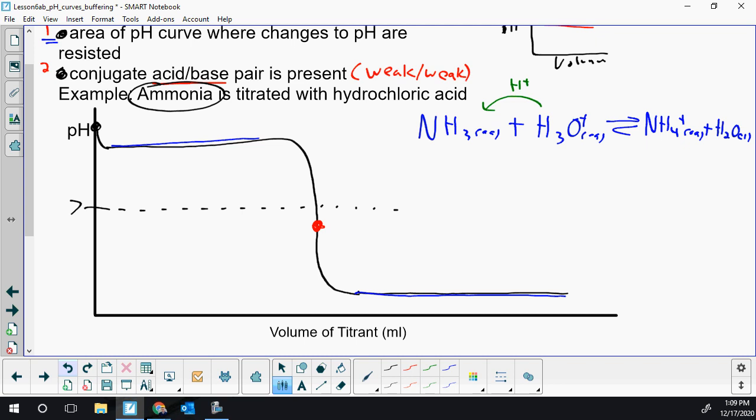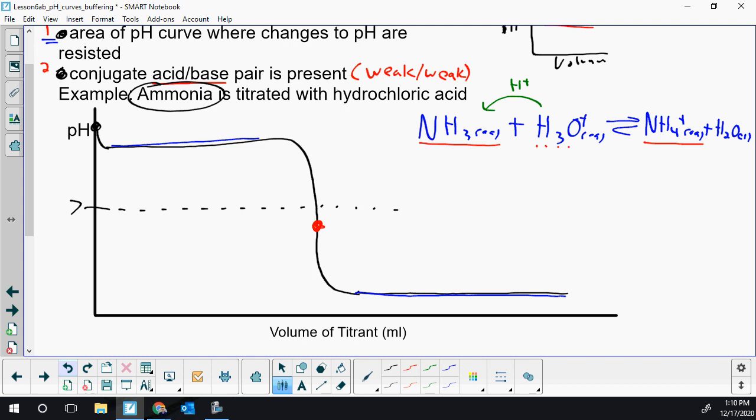Now I've got to analyze and see what chemicals I have at what point, and do I have a weak pairing? So let's see, what possible weak species do we have? Well, ammonia is weak, so I care when I have ammonia. Hydronium is strong, so I don't care about when I have hydronium.